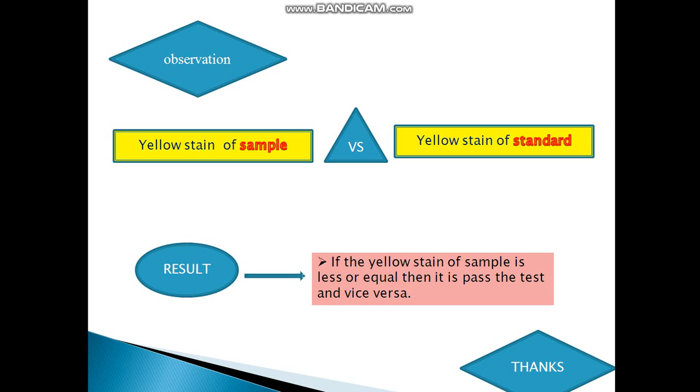If the yellow stain produced by the sample is equal to or less than the standard, then it passes the limit test. Otherwise, vice versa, that means if the stain produced by the sample is more than the standard, then it will fail the test.